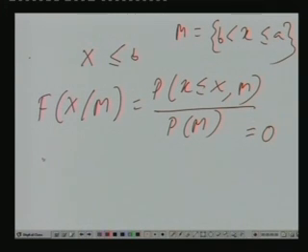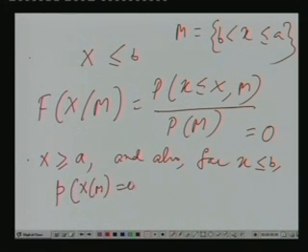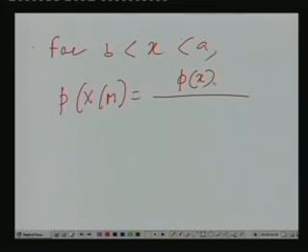That is for x greater than equal to a, and also for x less than equal to b, p of x by m is 0, and for x greater than b less than a, p of x by m will be p of x, because we are deriving it was F x minus F b.